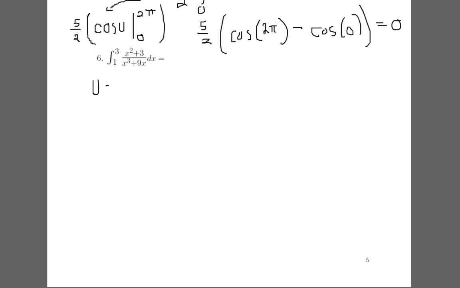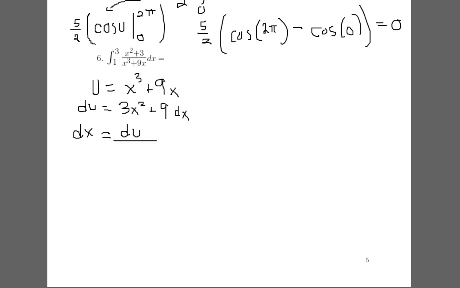So we'll say u equals x to the third plus 9x, which means our du will be 3x squared plus 9 dx. Again, we'll want to find dx, so we'll divide by 3x squared plus 9. We have dx equals du over 3x squared plus 9.